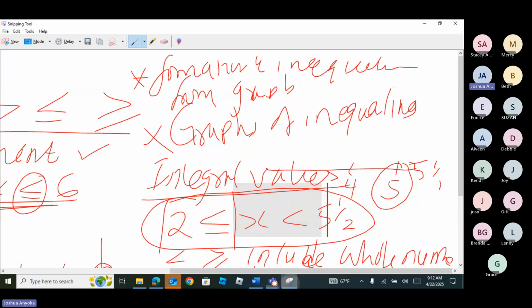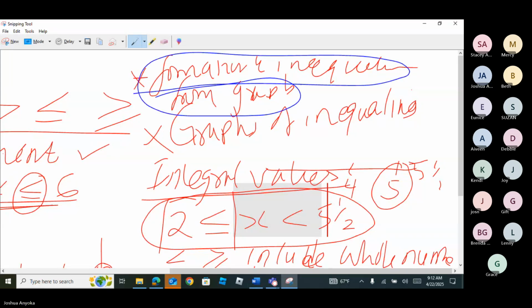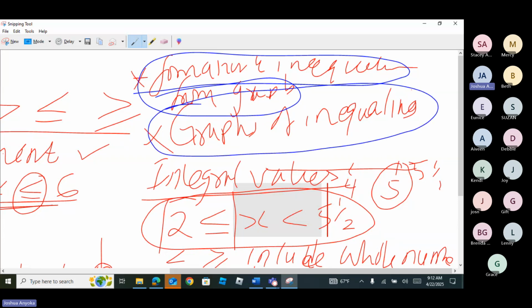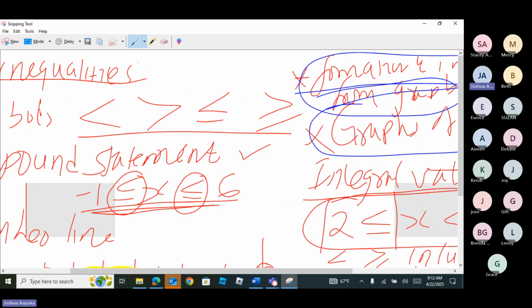Now I'm back. I said we need to know how to form inequalities from a graph, and we know how to do graphical representation of inequalities. On a graphical representation, when we have less than or equals to, greater than or equals to, we draw a continuous line and we shade the unwanted region.